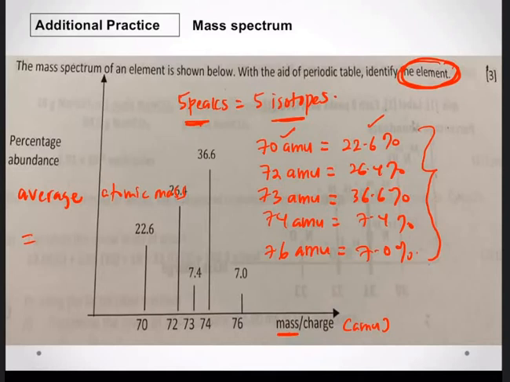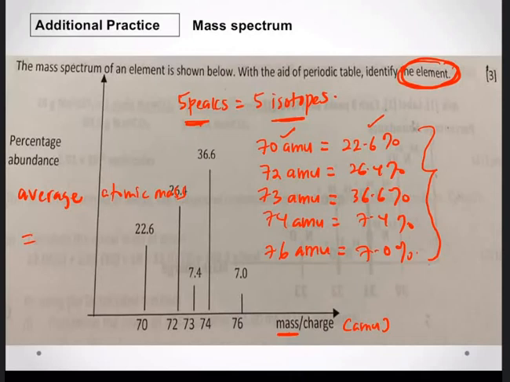Berapa? Okay, when we are talking about average atomic mass, normally dia akan ada decimal places lah. Kalau boleh, you must write down your answer to 2 decimal places for the average atomic mass. Madam, I want to ask a question.